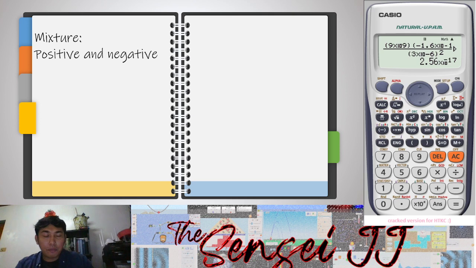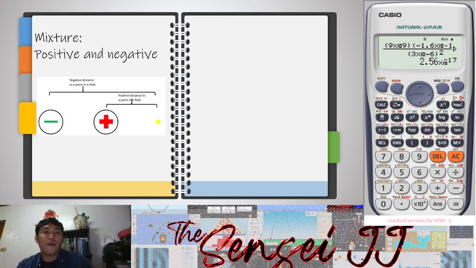So mixture of positive and negative. So we have here our net electric field, which is positive electric field plus negative electric field.